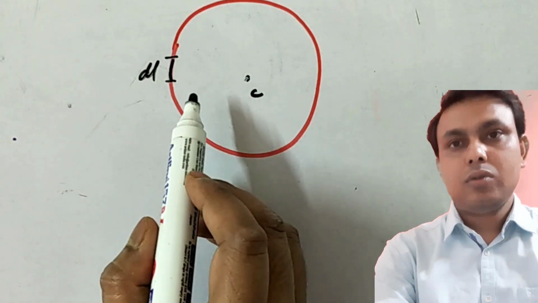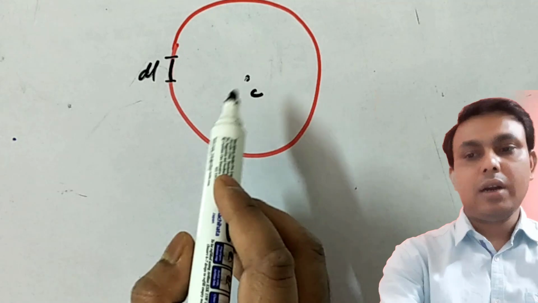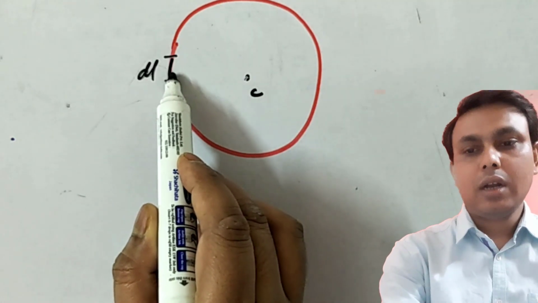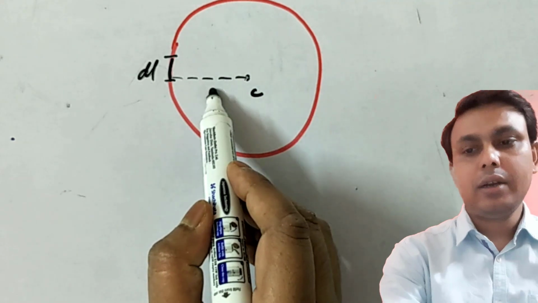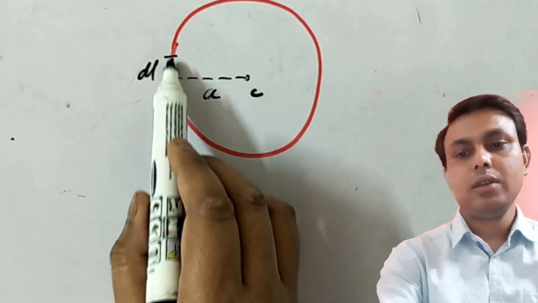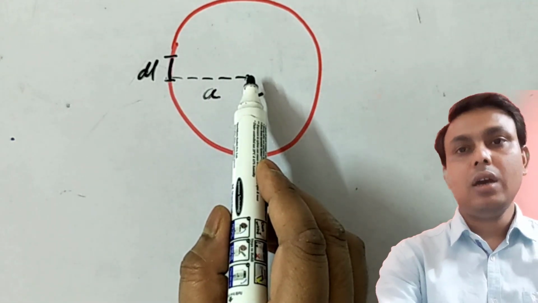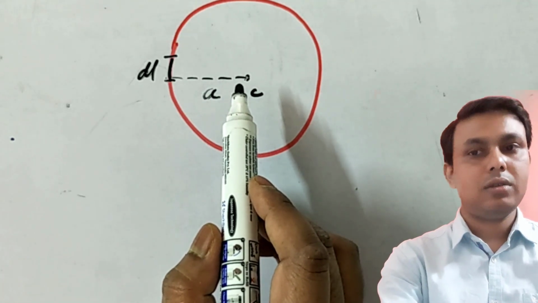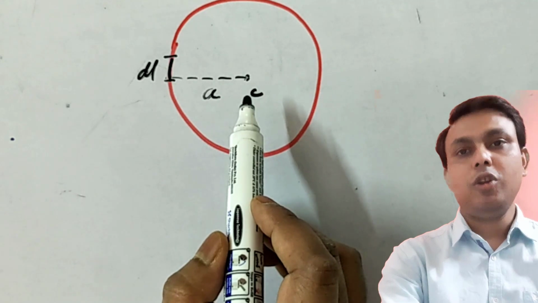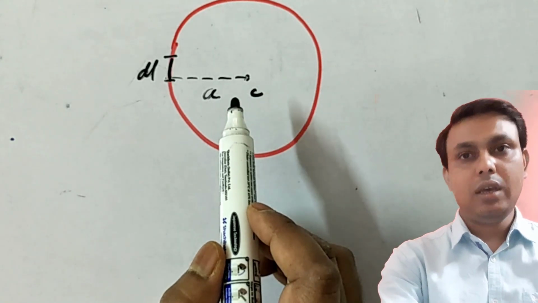Now to find out the magnetic field at C, we are connecting dl to the point C. Let a be the distance from dl to C, and a is the radius of this circular wire. অর্থাৎ বৃত্তীয় পরিবাহী তারের ব্যাসার্ধ হলো a.